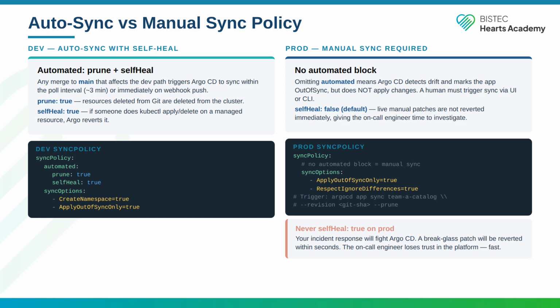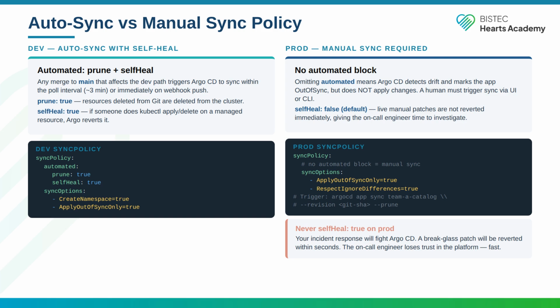This creates a fast feedback loop where the cost of mistakes is low and the environment stays aligned with Git automatically. For production, no automated block at all means manual sync only. A human reviews the diff and initiates the sync intentionally. The change is deliberate and audited.